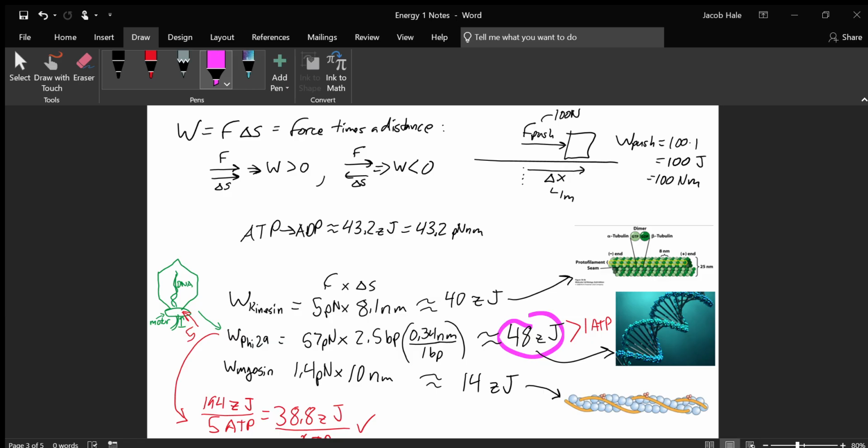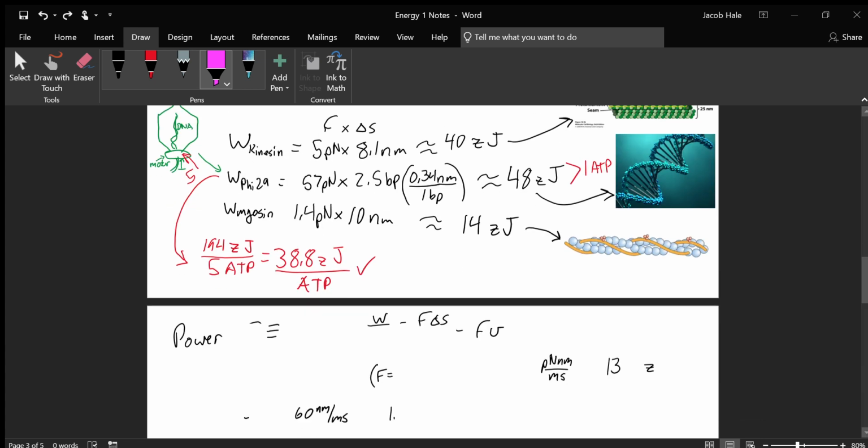It takes 5 ATP to do it because the one arm doesn't pull, it just holds on. To check that, 4 times that number gives us 194 zeptojoules, and if we divide it by the 5 ATP, then we end up with 38.8 zeptojoules per ATP, which is consistent with our rules that you can't create energy. The energy has to convert from one form to another or be transferred in from an outside source. So that now makes sense because it's consistent with what we know.